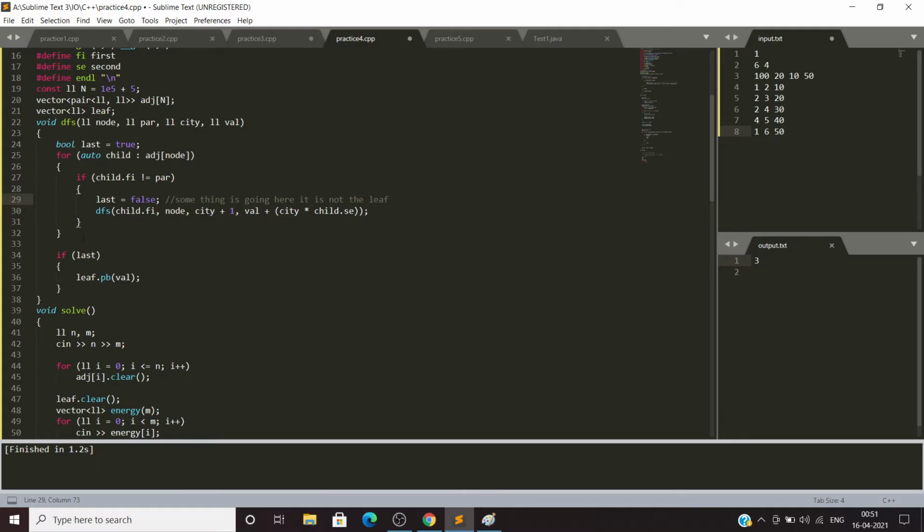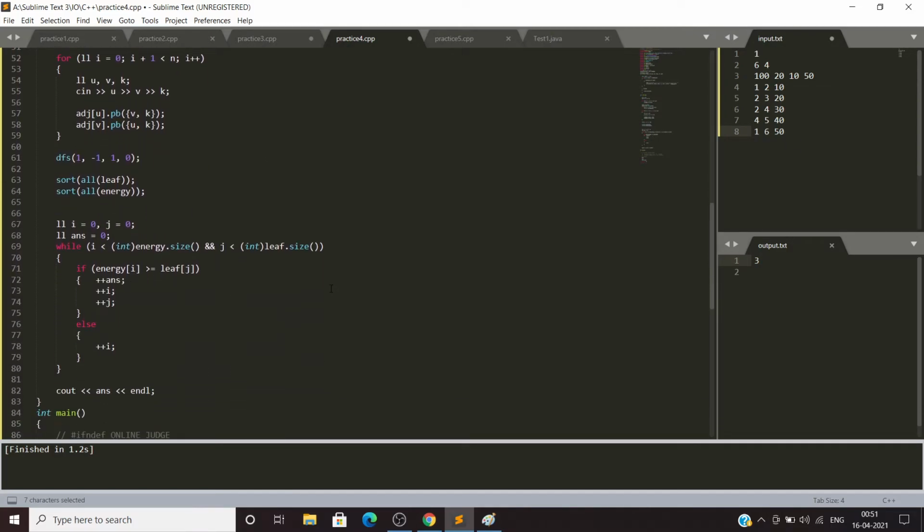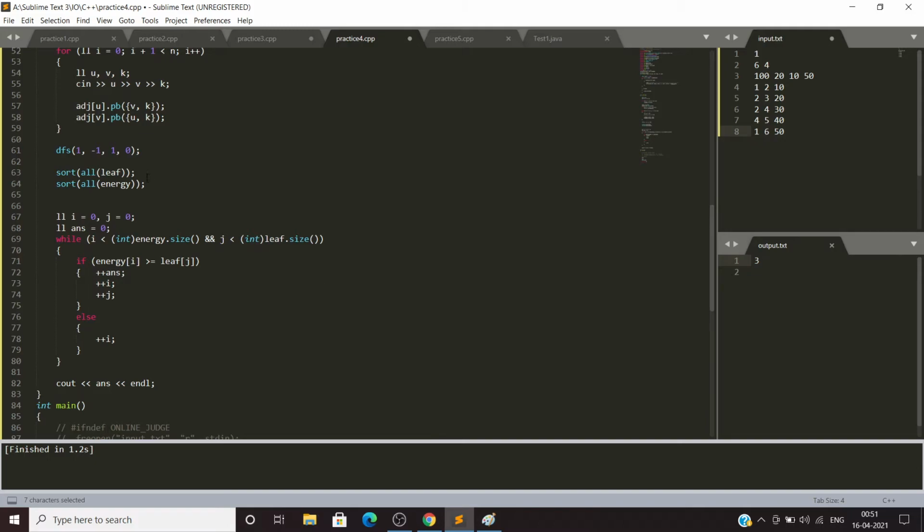So if leaf is true, then we put the value, and for every depth traversal we are adding the value with the number of distinct cities that we have visited times the value k.